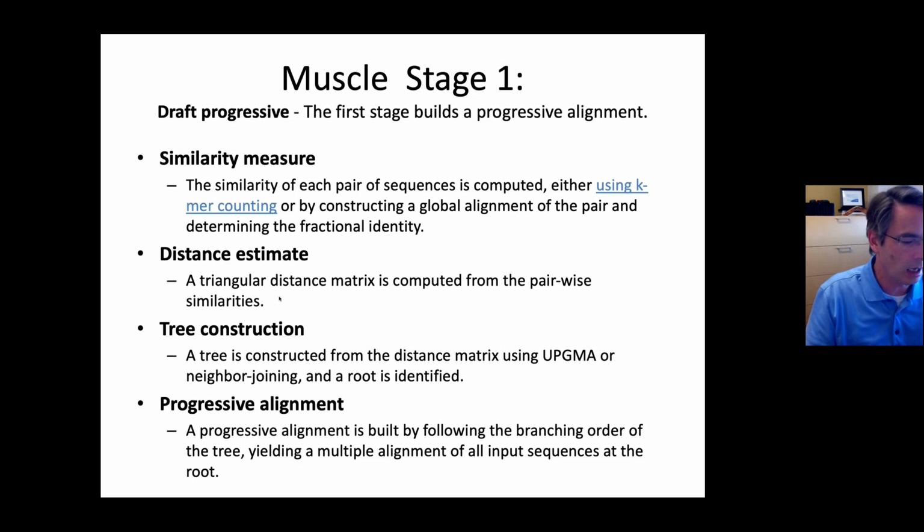So sequence A has ACGTACGT as a k-mer, and it occurs 5 times. Then you look at the other sequence: for that k-mer, how often does it occur? You take the difference of those two things, and that's a measure of distance. You do that for all the k-mers that exist, total that up, and that's your distance matrix. That is really fast to compute.